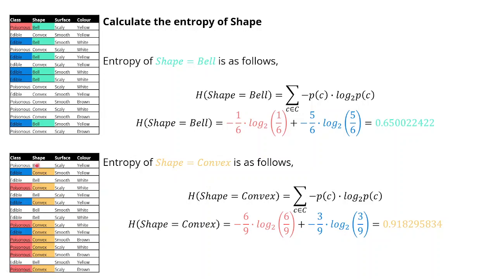So we have 6 poisonous mushrooms with convex shape. So that's why we write 6/9 here. Plus, how many edible convex-shaped mushrooms? We have 3, right? So that's why we write 3/9. So the entropy of shape equal to convex is 0.91829, 5834.